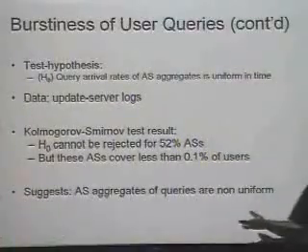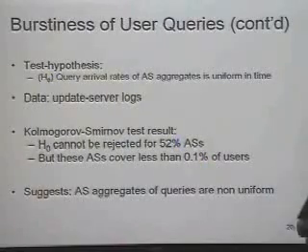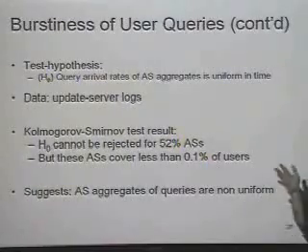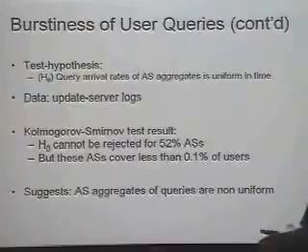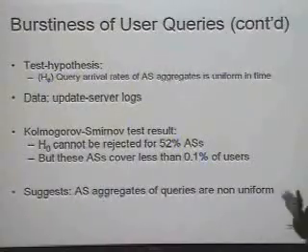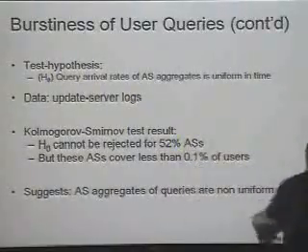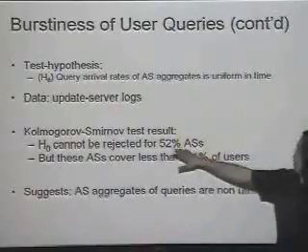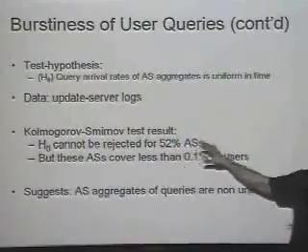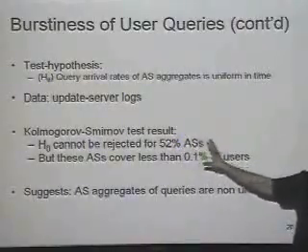What we observe, if you make a null hypothesis that query arrival would be uniform, and compare that with empirically observed counts of queries, is that the null hypothesis cannot be rejected for roughly half of the AS aggregates.